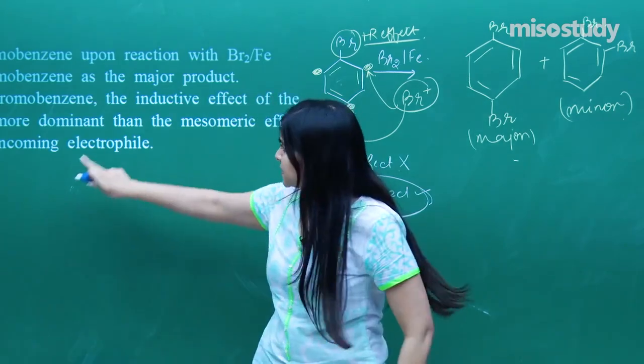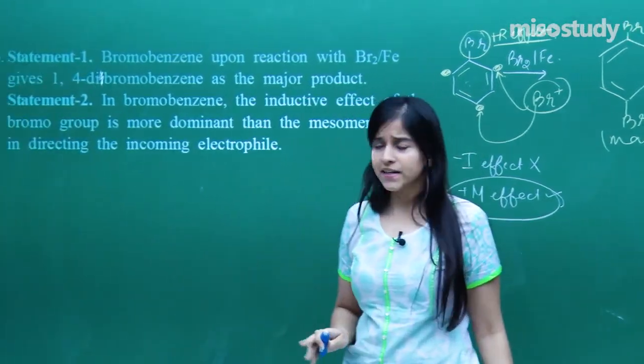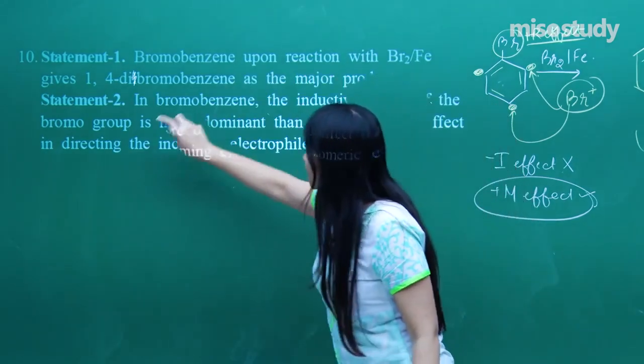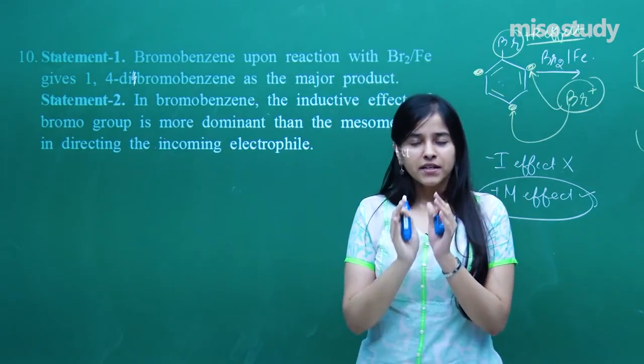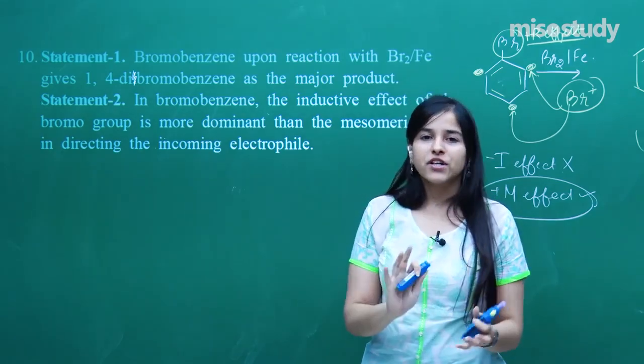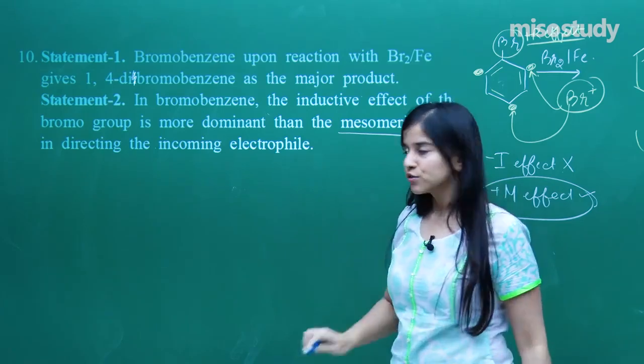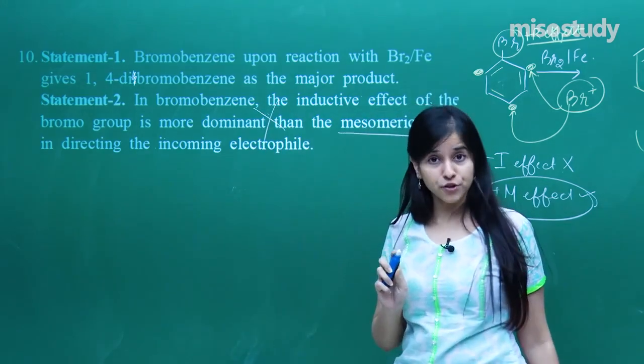So this statement is not at all correct. In bromobenzene, it is the mesomeric effect that plays the role, not the inductive effect. So this statement is not at all true.